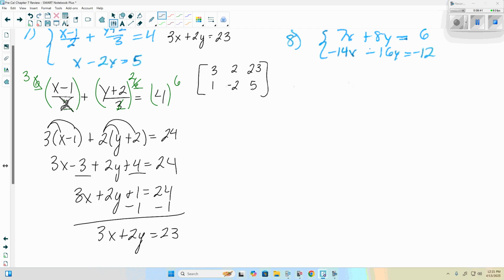And then after we type this one into the calculator, we get 7, 1, or x is 7, y is 1.